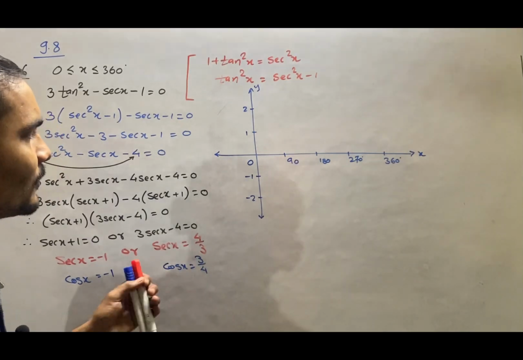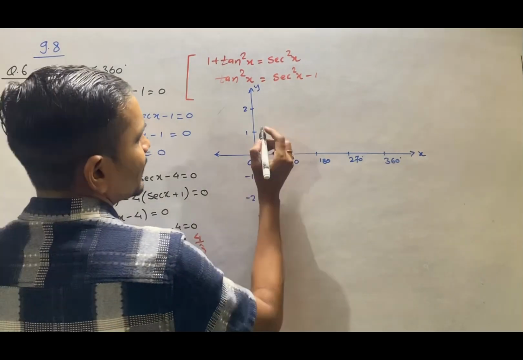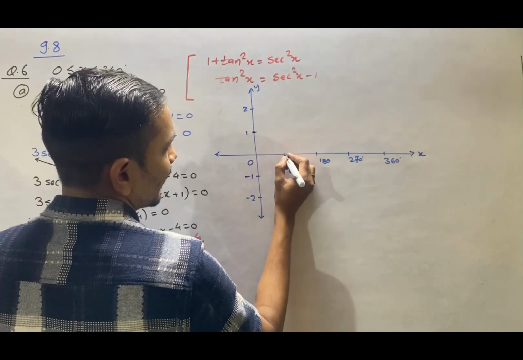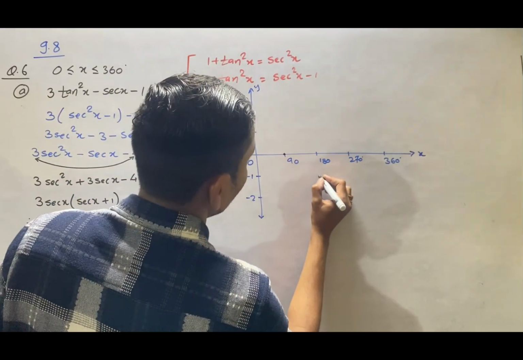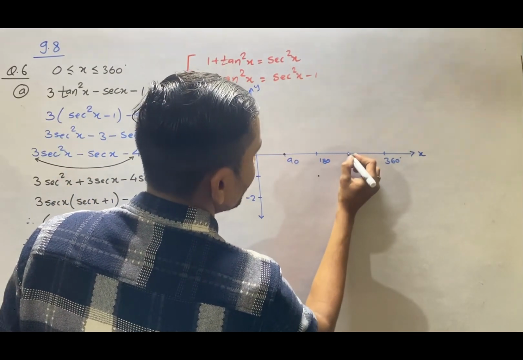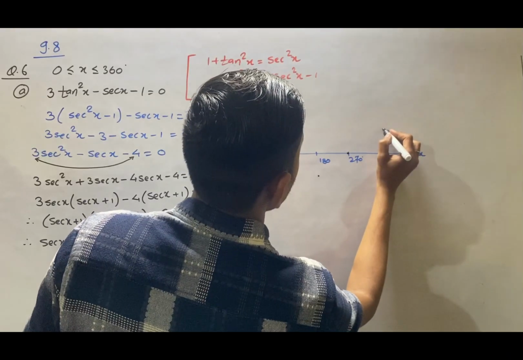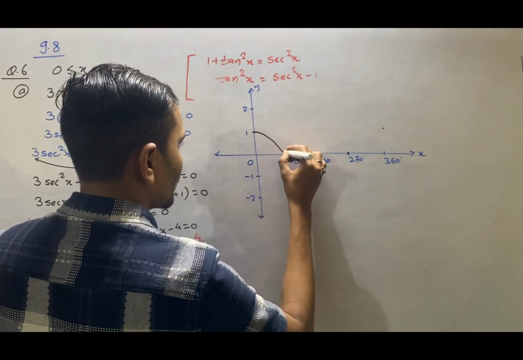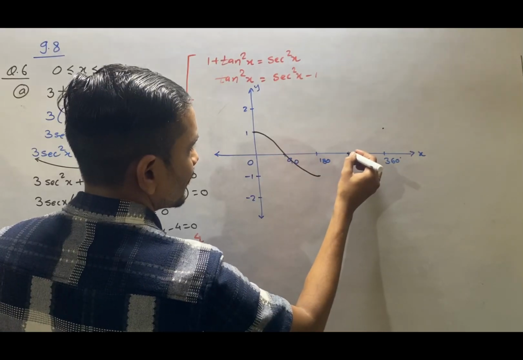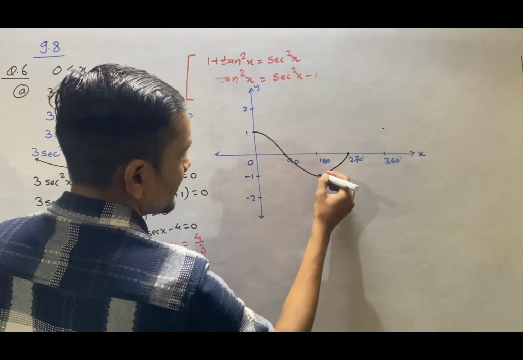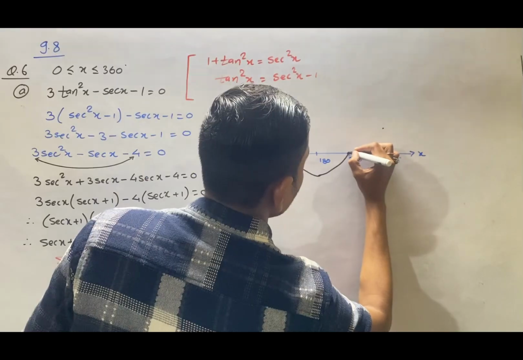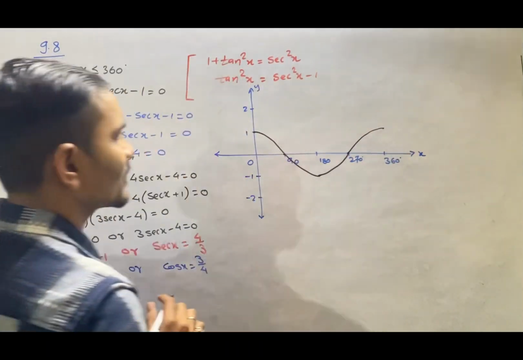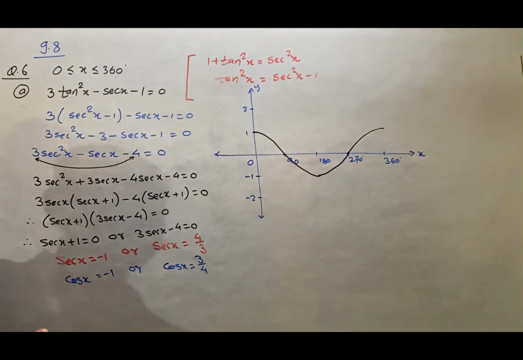So let's plot the graph directly. So at 0 we will get 1, 90 is 0, 180 negative 1, 270 is 0 and 360 again positive. So let's connect these points. This is the graph of cos of x.